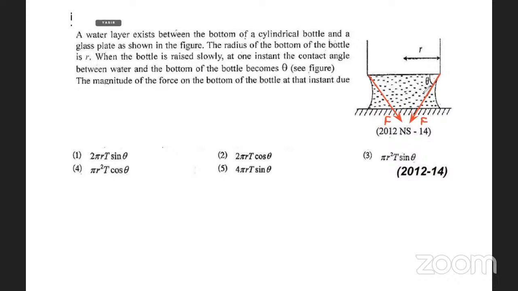Now when you say F cos theta, it is going to get cancelled off. So the resultant force is going to be equal to F sine theta downwards. Why? Because horizontal components cancel out each other.